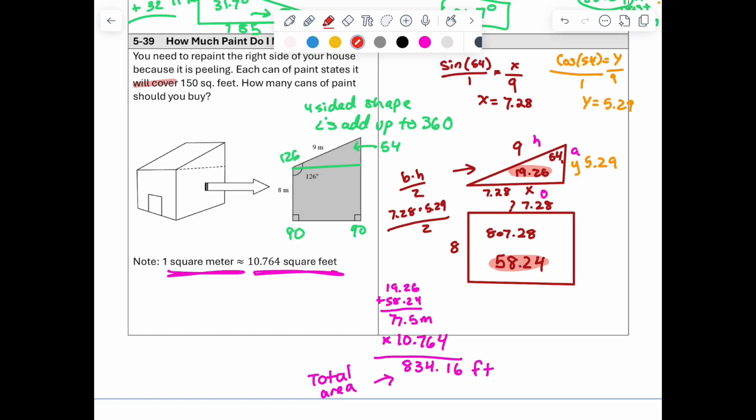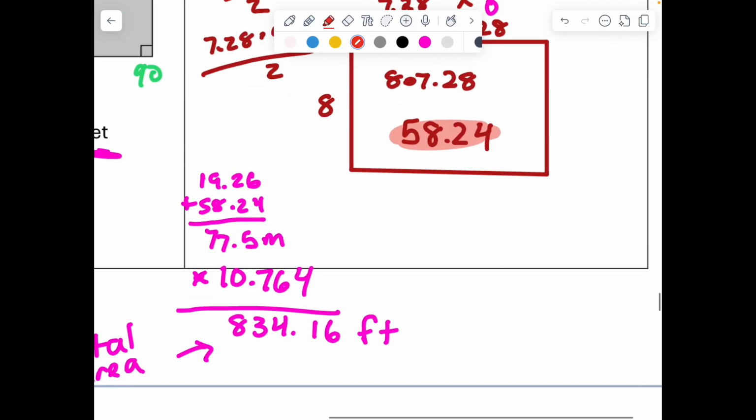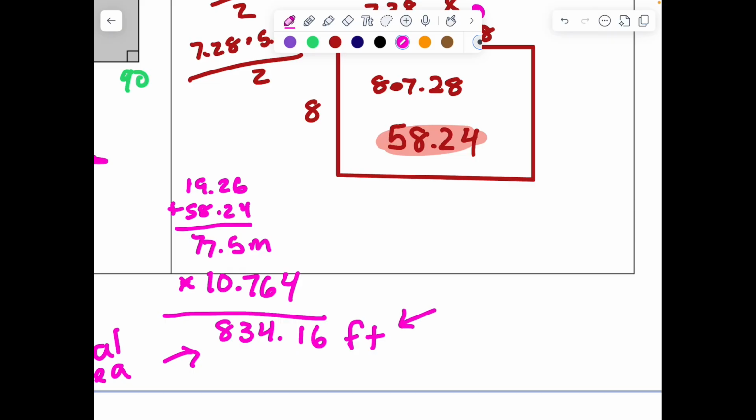And we have that 1 can of paint will cover 150. So we want to see how many cans of paint we need. Let's take this and divide by 150. So 834.16 divided by 150.